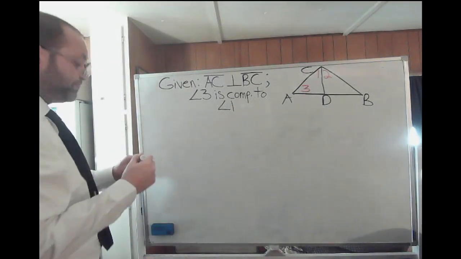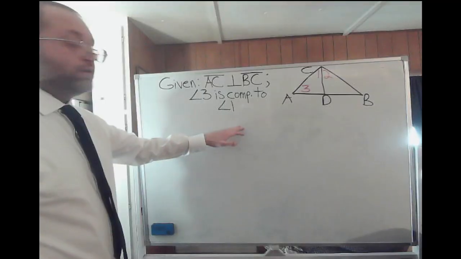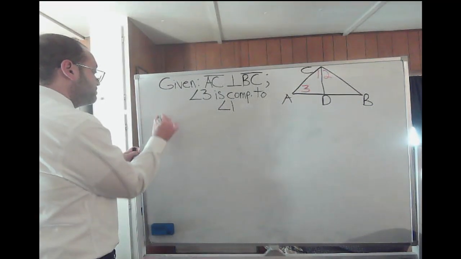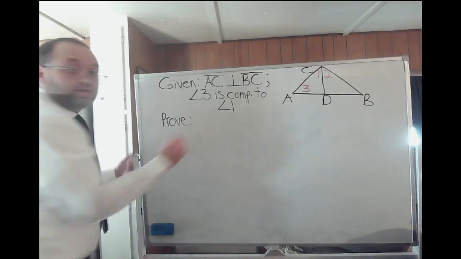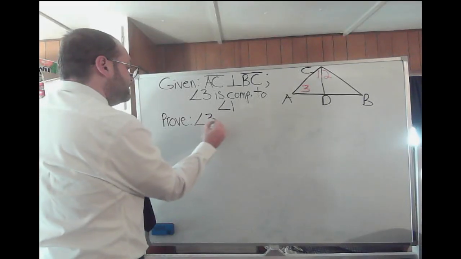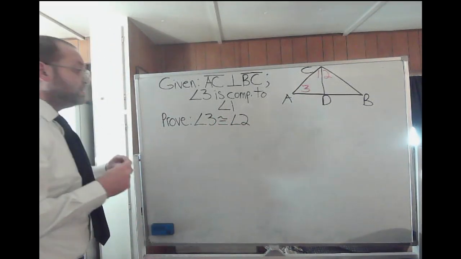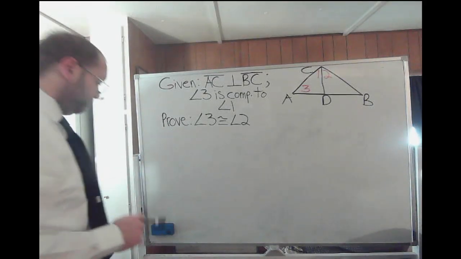So what do they want us to prove here? That's probably what you're wondering. Well, we're supposed to prove that angle 3 is congruent to angle 2. So we're going to go ahead and prove that angle 3 is congruent to angle 2.